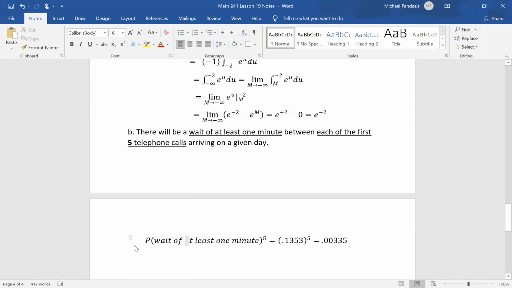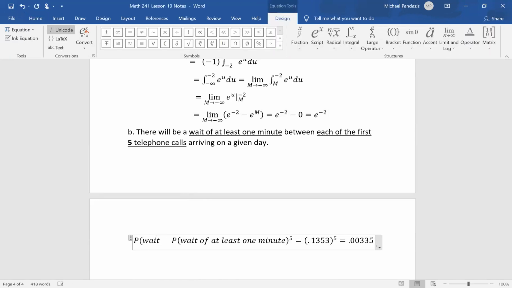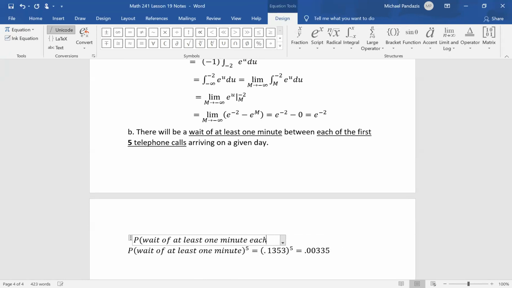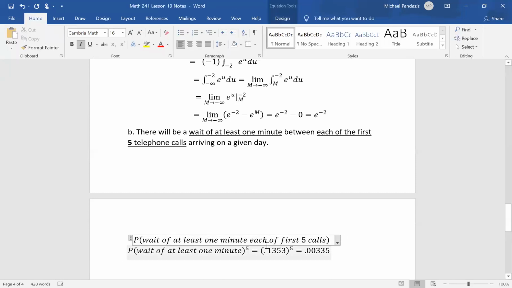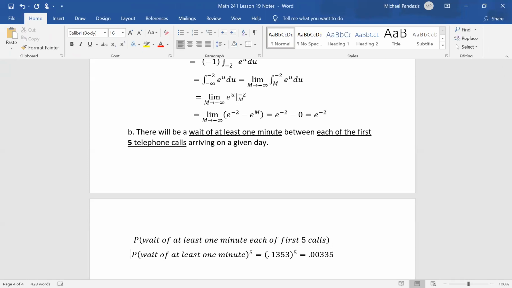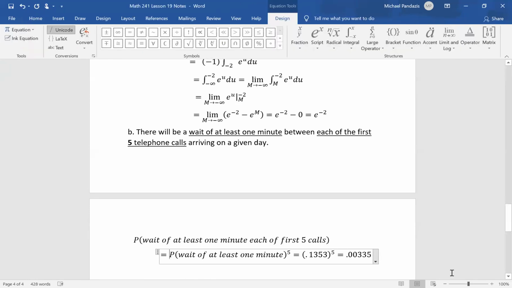And then to add a little bit of work here, I'm going to write probability of a wait of at least 1 minute each of the first 5 calls is equal to that.